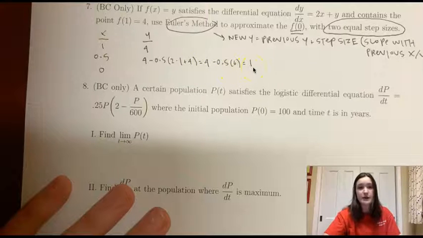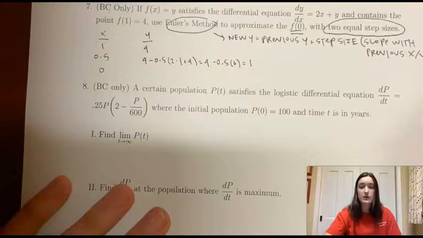But we're not done yet because we can't stop until we have the 0 right here. So we're going to use the same equation, using this 0 as our x, and this 0.5 and this 1 as our previous x and y. Once you get to the next step, you can forget about the earlier things because you're only working with the previous x and y, not the original x and y.